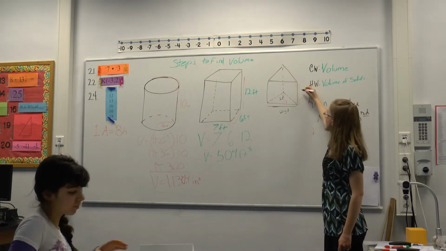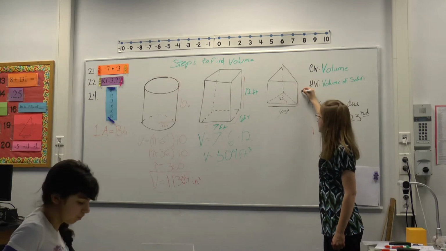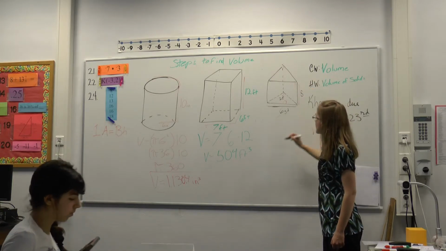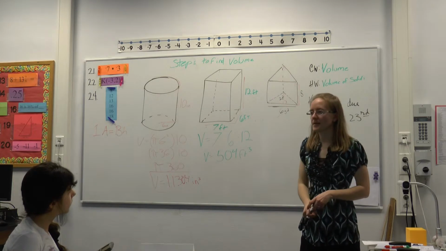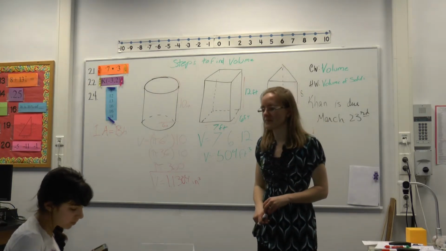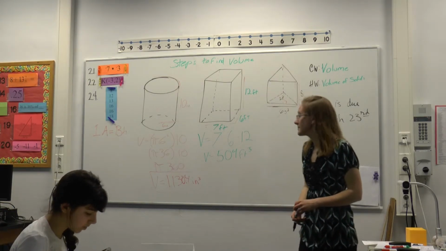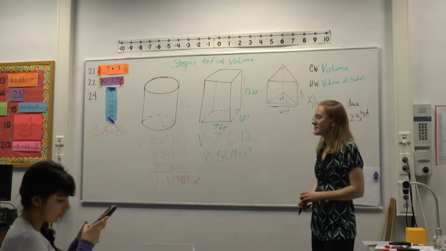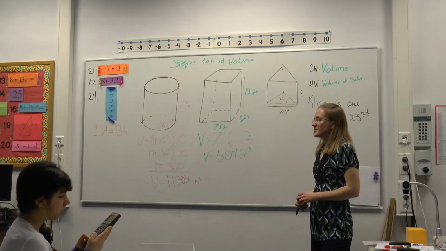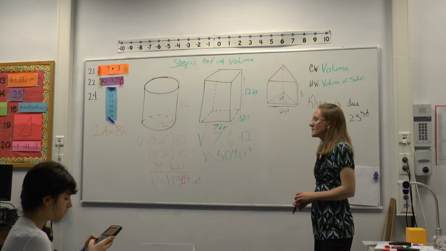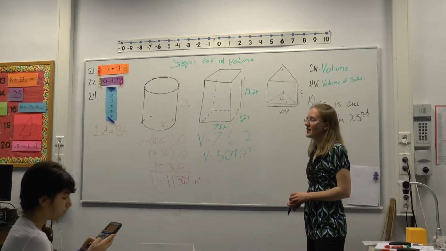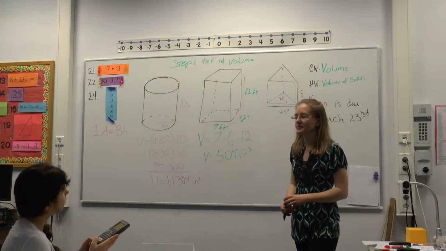And the height of the prism will be 8. I'll give you a second to do the problem on your own. The first step, you need to find the area of the base of the figure.